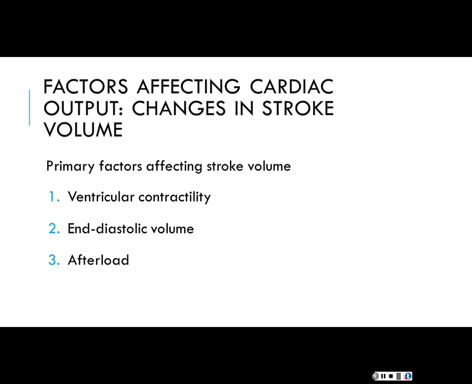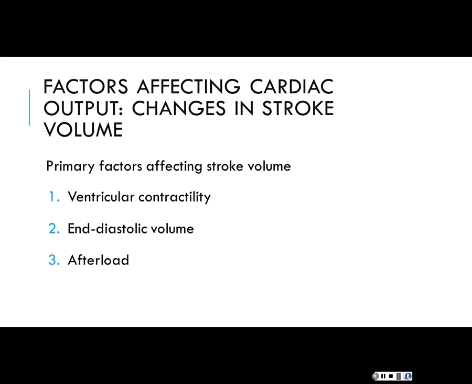So what's the relationship between afterload and stroke volume? If my afterload goes up, my stroke volume goes down. If there's 500 people out there trying to get in, and you guys trying to get out, they're probably going to win, right? If there's 2 people out there and you guys are trying to get out, the afterload is less.